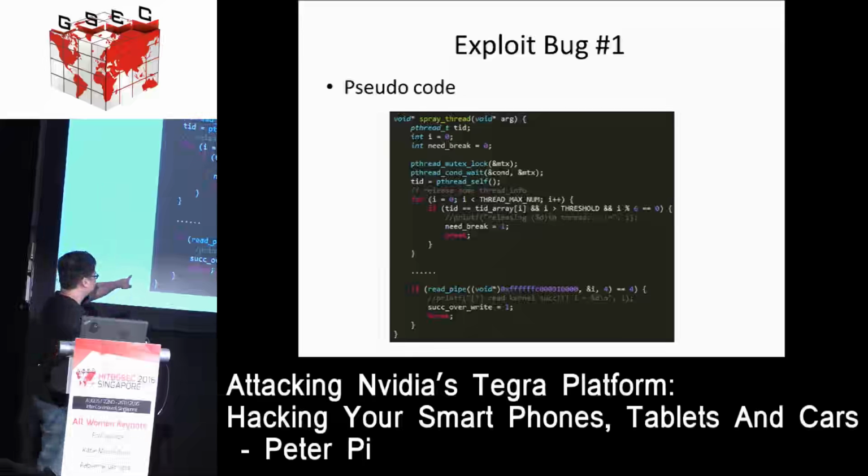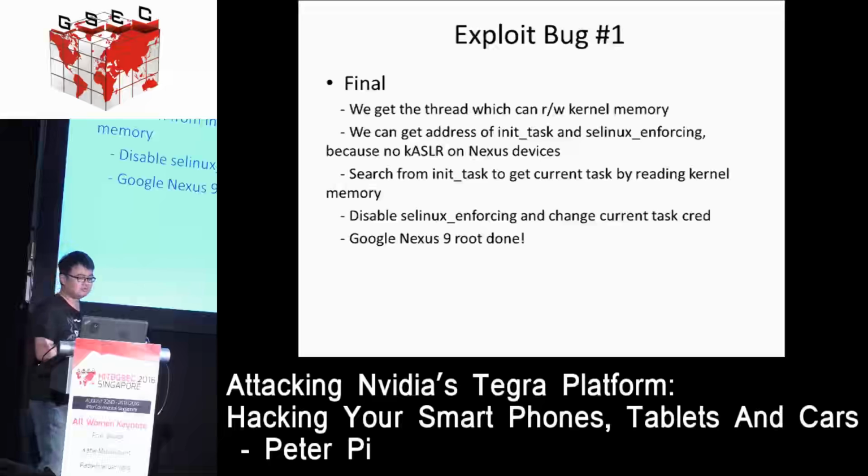So if the kernel read succeeds, we got the thread, and we can do read and write memory in this thread. So finally, we get the thread which can read and write kernel memory.